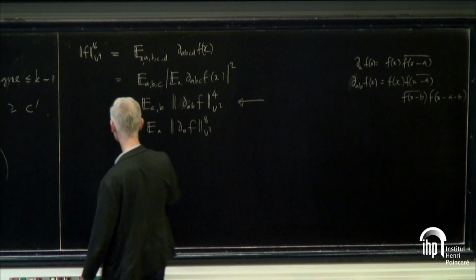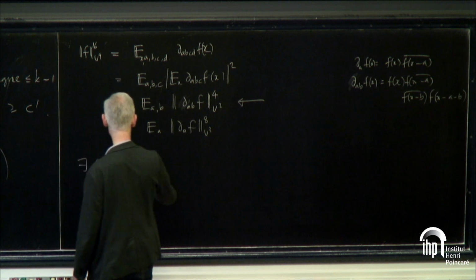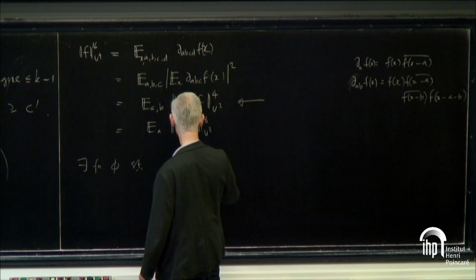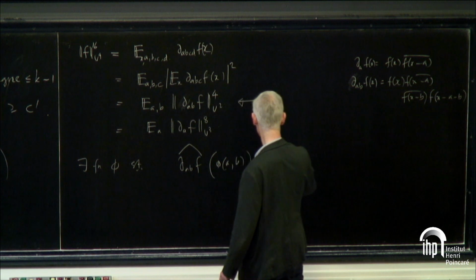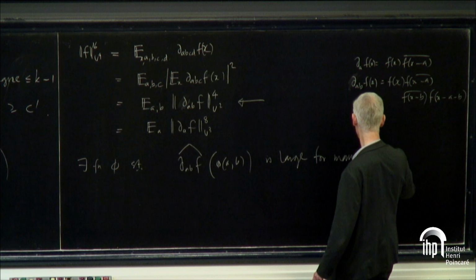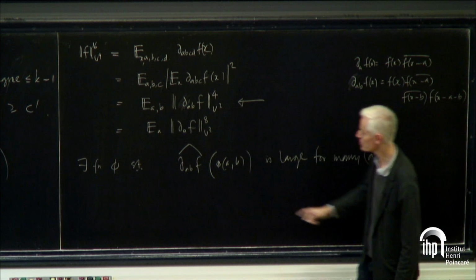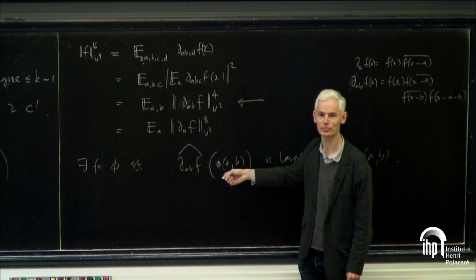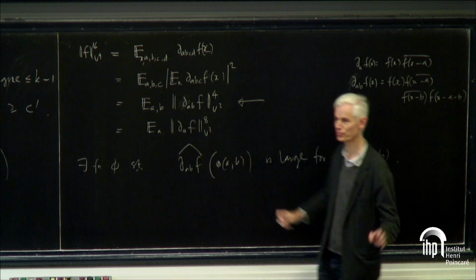So from this, we get that there exists a function phi such that the Fourier coefficient of delta a b f at phi of a, b is large for many pairs a, b. It may be that delta a b f has lots of different large Fourier coefficients, and all I'm doing is picking one completely arbitrarily.